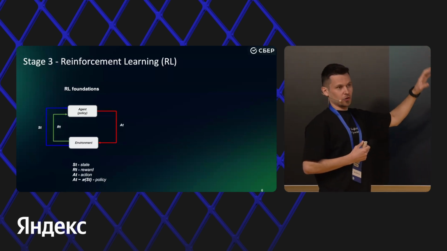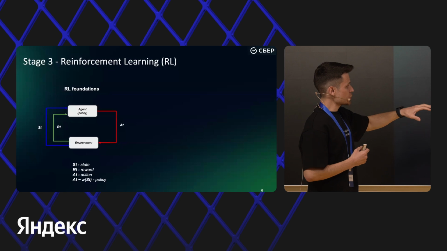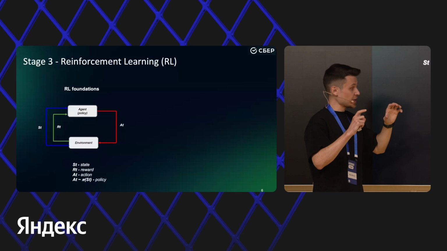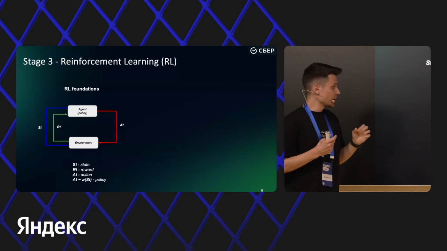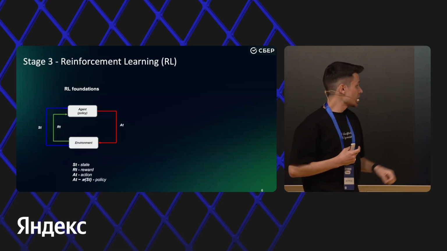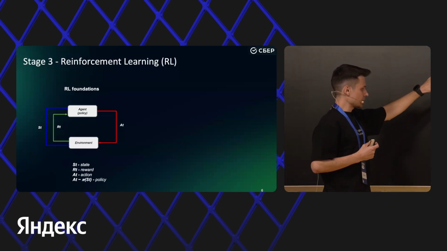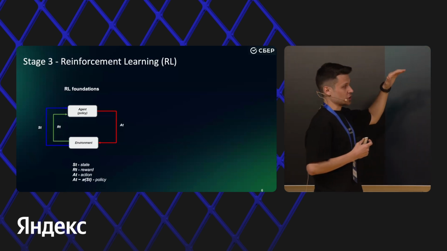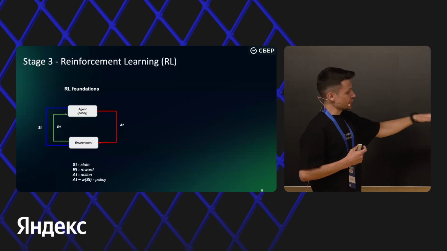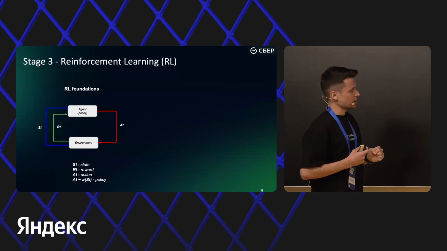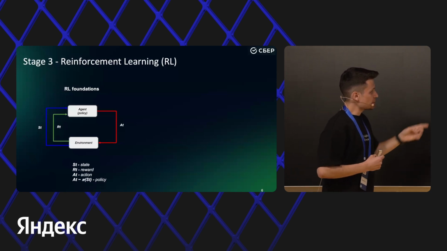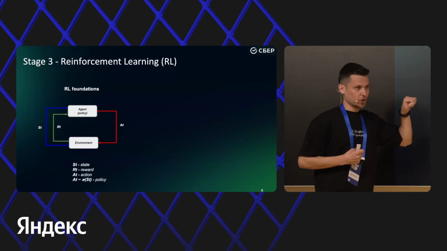The agent makes some action, like a robot makes some movement. Also, we have an environment, which is like an external area that rewards each action of the agent or each movement of the robot. We also have a state, which is like the next position of the agent or robot. We also have a policy, which is the strategic planning of next actions. And this process is iterative, iterated over time.